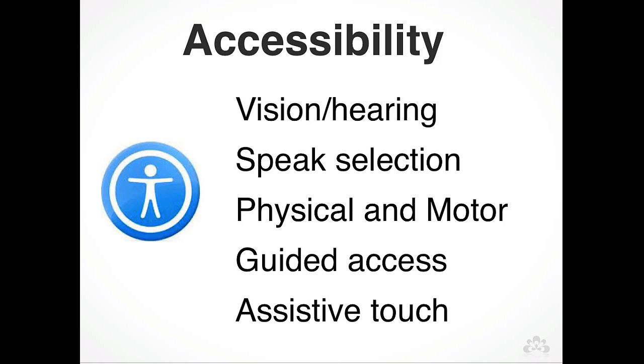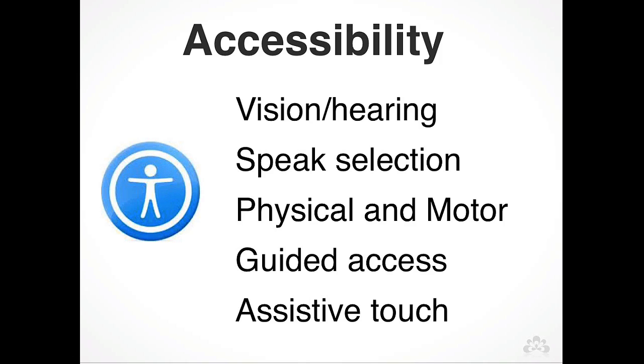But we're also going to touch on accessibility features. So what features are included on the device that can help our students with vision and hearing impairments? What features are available that can help my students with physical and motor disabilities? Things such as speak selection, which enables me to highlight text and have it spoken aloud, a lot of people don't know about, and it is included under the features for people with vision impairment.